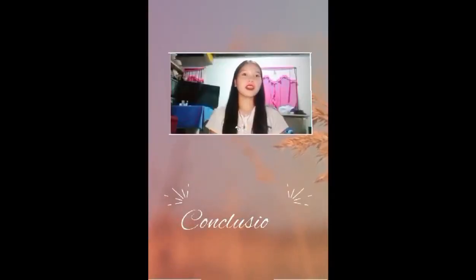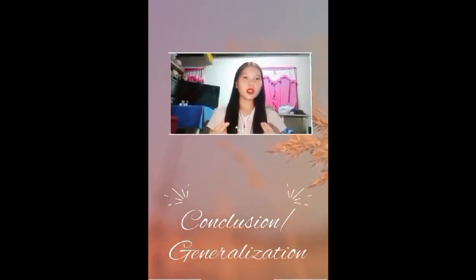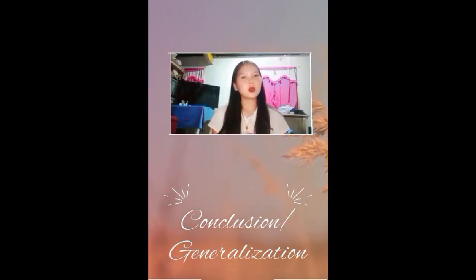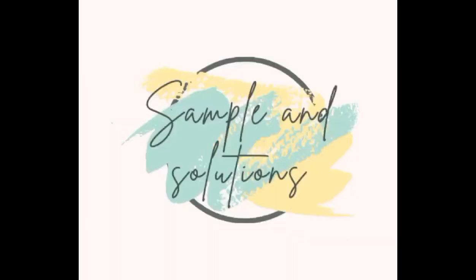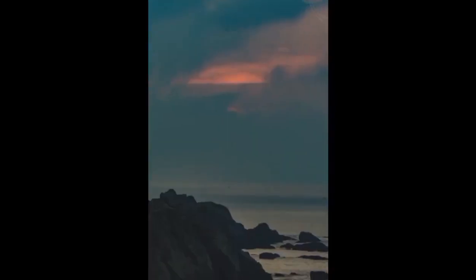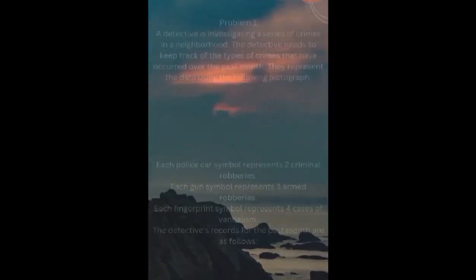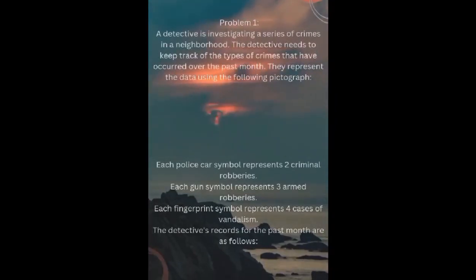I'm Trisha May Parinasan. I will continue discussing the conclusion and generalization. So the last one mentioned by my partner is a step-by-step procedure. Next is sample and solutions. Problem number 1. A detective is investigating a series of crimes in a neighborhood.